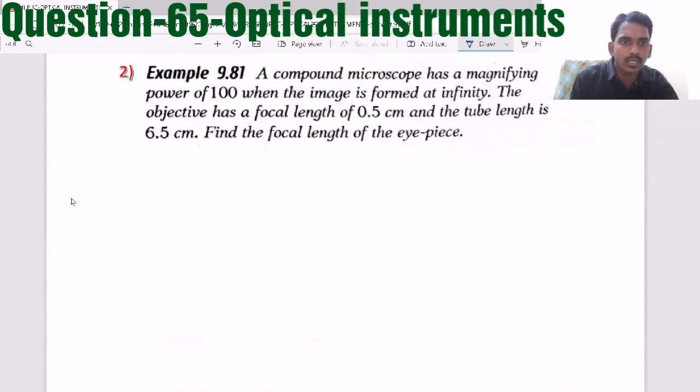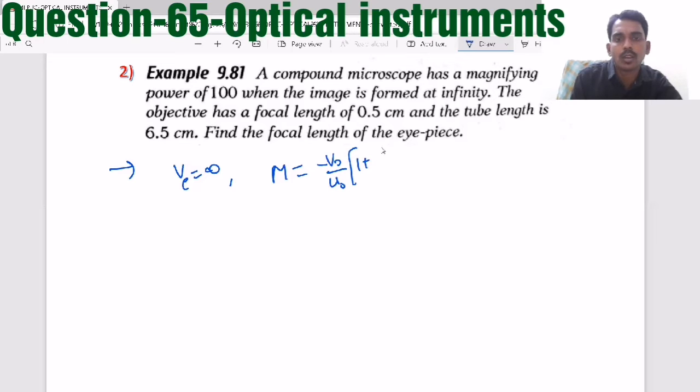Now the next question is based on the compound microscope. A compound microscope has a magnifying power of 100 when the image is formed at infinity. So when the final image is at infinity, the magnification formula is minus v naught by u naught into d by fe. This is the formula.